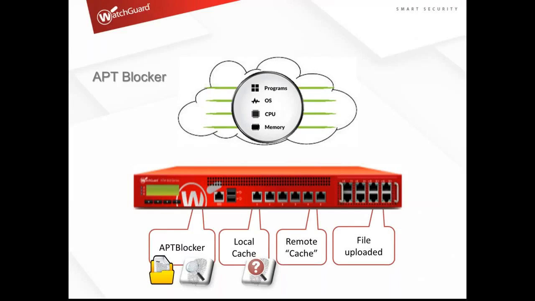So let's say it's a tax refund, which is a sample that we'll go over later on today, and this just happened today where I downloaded it, and so now that's sitting in my local cache of my firewall. So next time I download it, I'm going to get it immediately blocked from downloading that again.